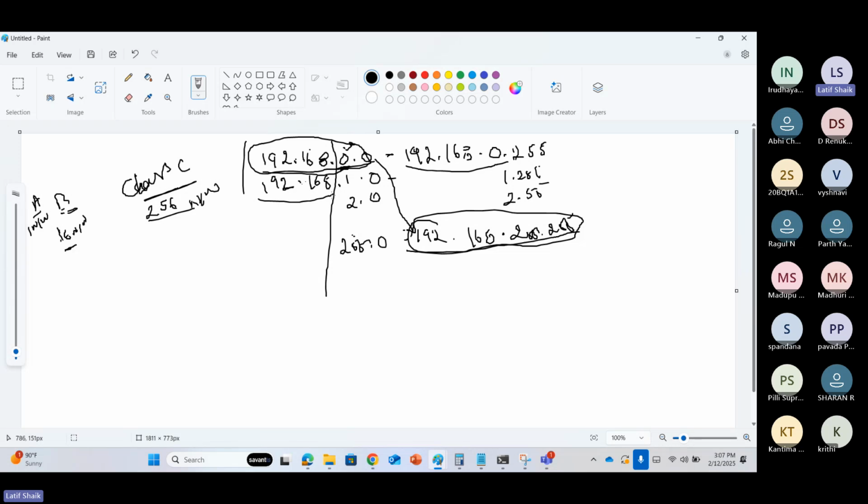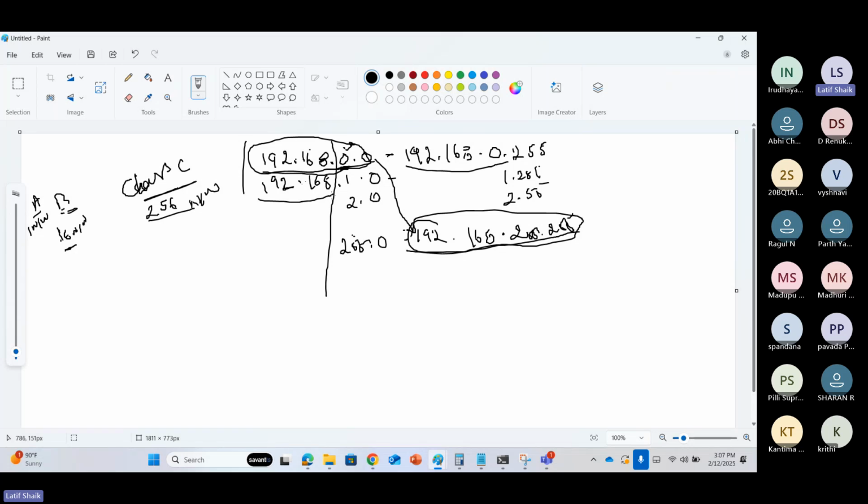Only the third portion is different: 0 for one network, 1 for another network, 2 for another, like that up to 255. So 0 to 255 means 256 networks you are getting in class C for your private communication purpose. Each one is a single network.